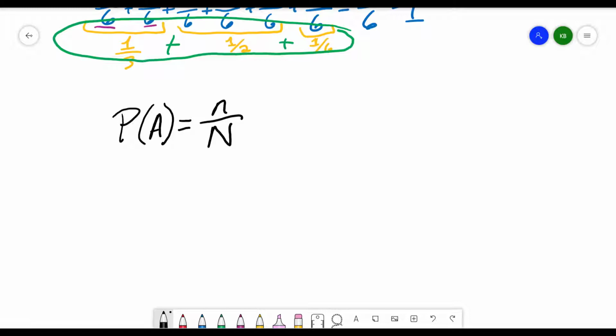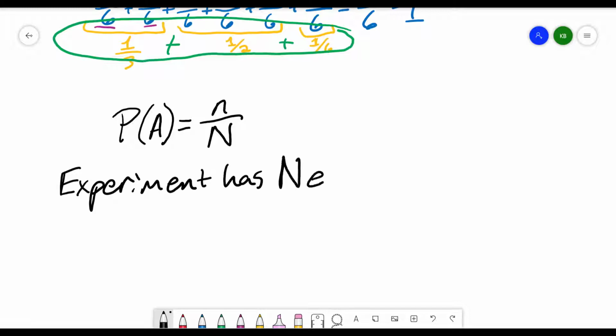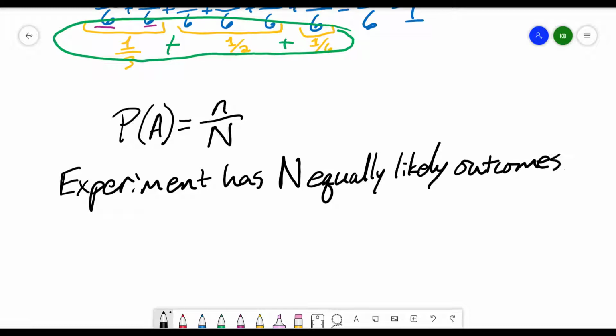And what these letters mean, so this is all set up with an experiment that has N equally likely outcomes, and A consists of exactly n of them.